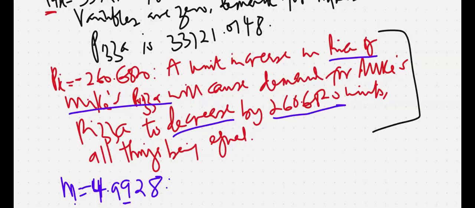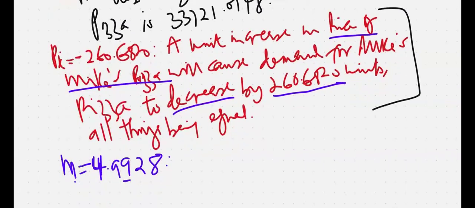So let's say I'm taking the consumer's income, so M equals 4.9928. A unit increase in, so you can see that I've repeated the same first part of the interpretation as for the price.